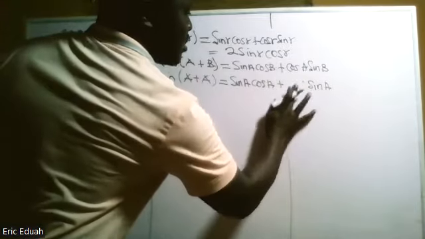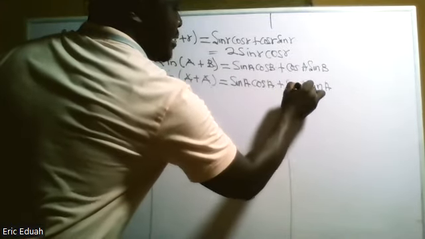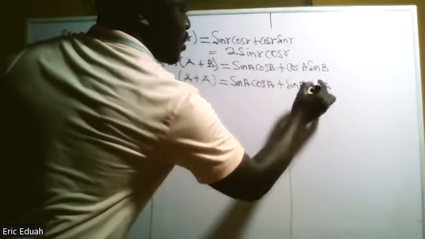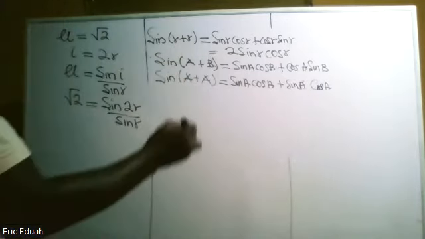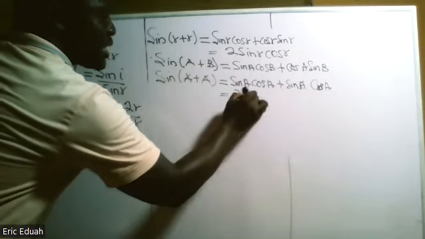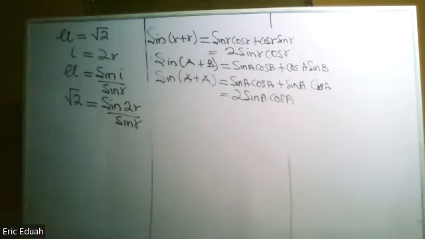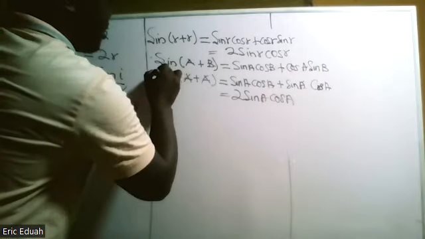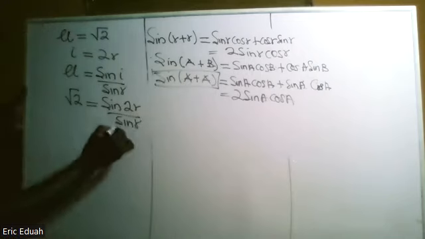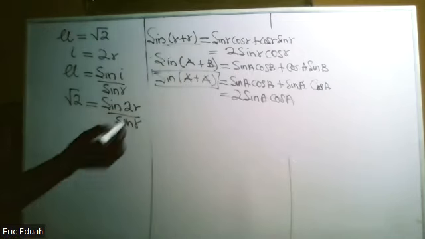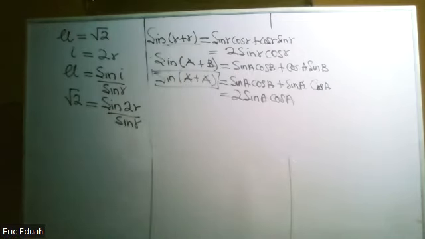So we can still write it as sine a cos a, so that we have 2 sine a cos a. So this is actually the same as what we have here at the numerator. Please, are we okay?